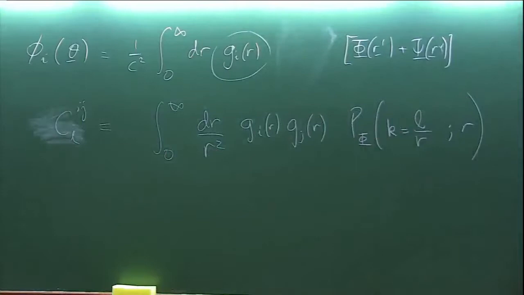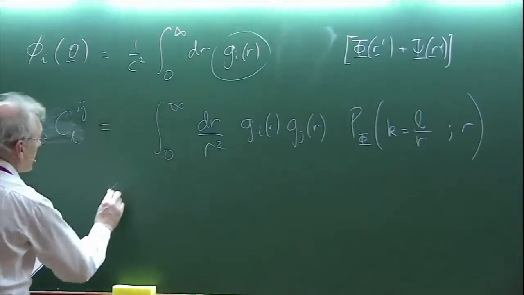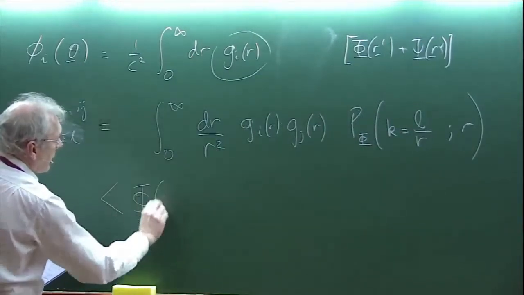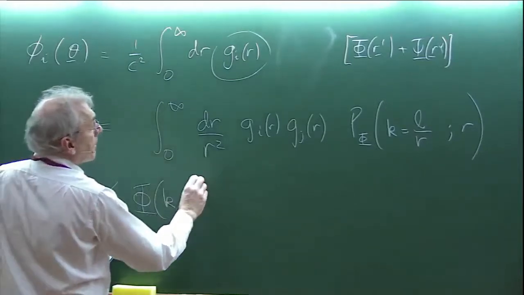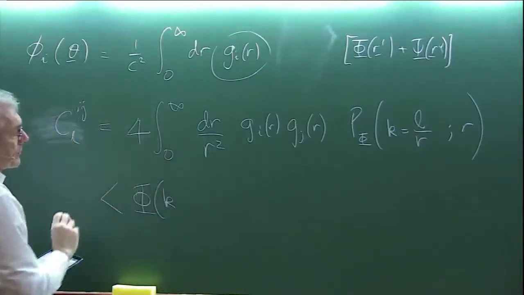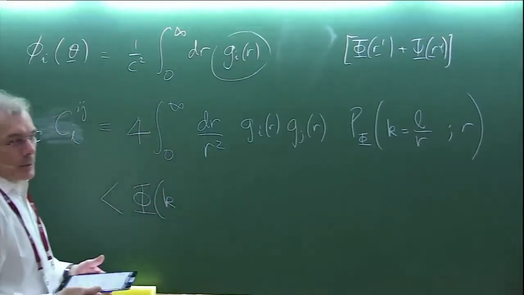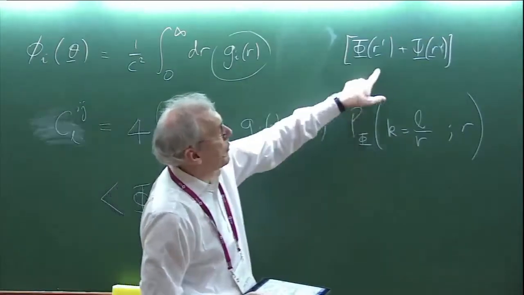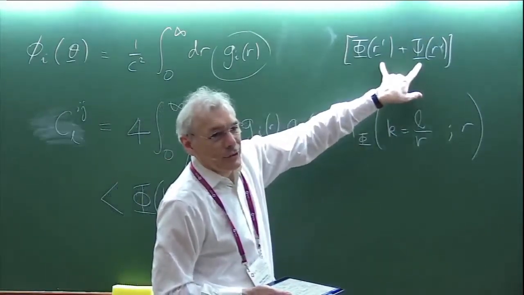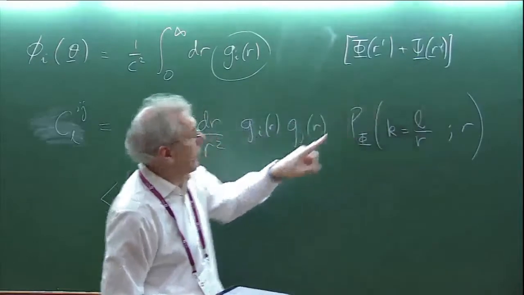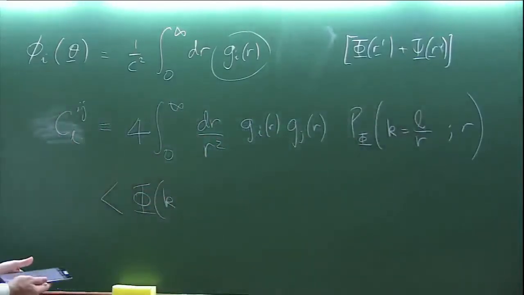Here's the power spectrum of the fluctuations, so defined by, so you can do this separately in terms of the potentials. For simplicity at this point, I've just taken GR and assumed that these are both the same, so we get a factor of 4 here.